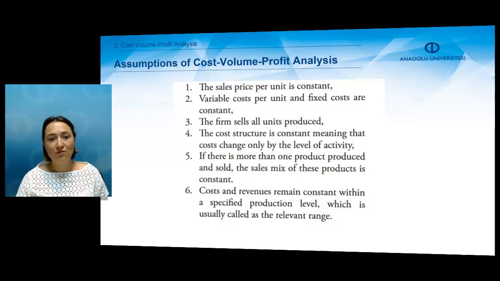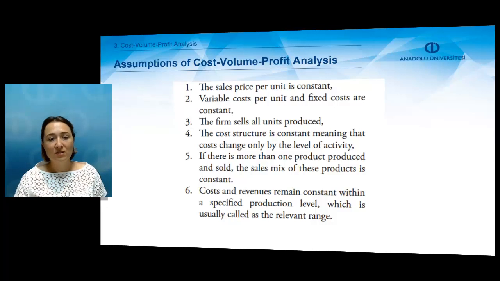The third one is that the firm sells all units produced. We assume that all the production is sold. So no inventory is remaining, not sold or out of season.